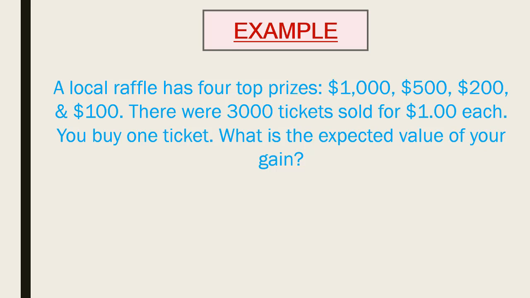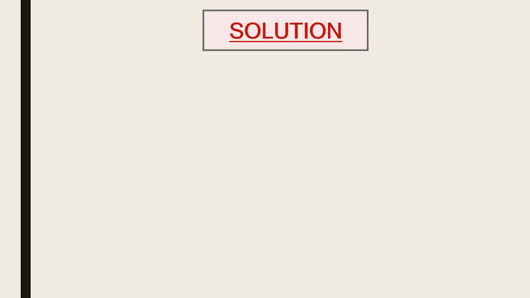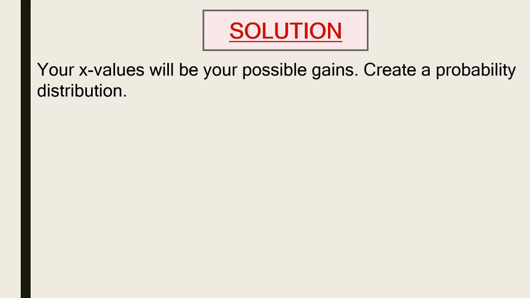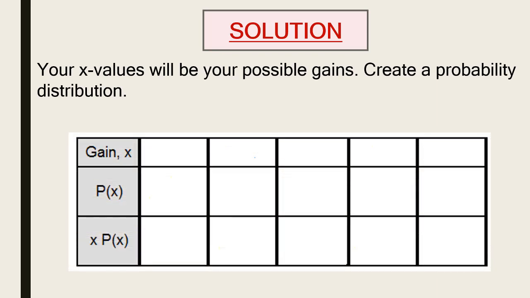Okay, so let's take a look at the solution. We're going to set up a table similar to what we just did in the previous example problem. The x values are your possible gains. We're going to create a probability distribution. So, with a $1 ticket cost and our top prizes, if we win the $1,000 prize, then our gain is $999.